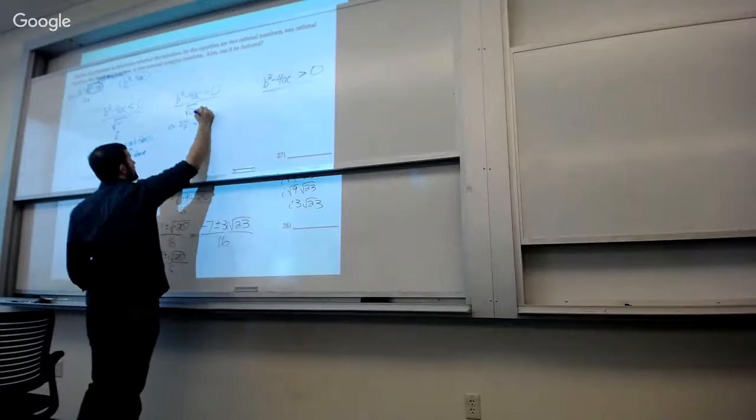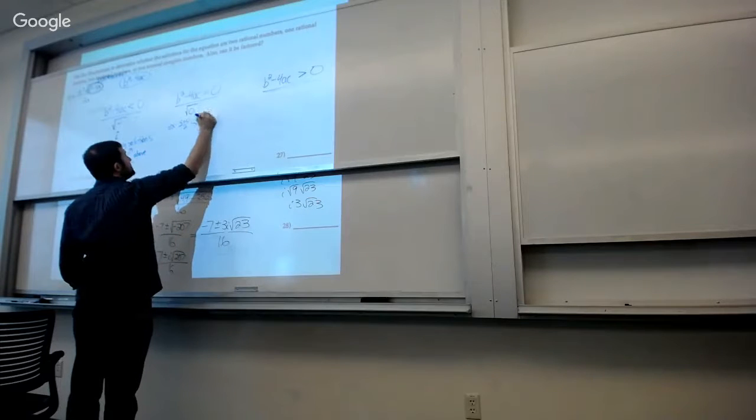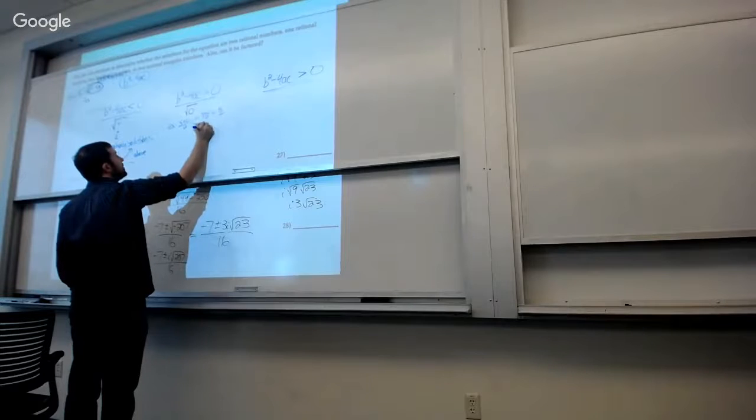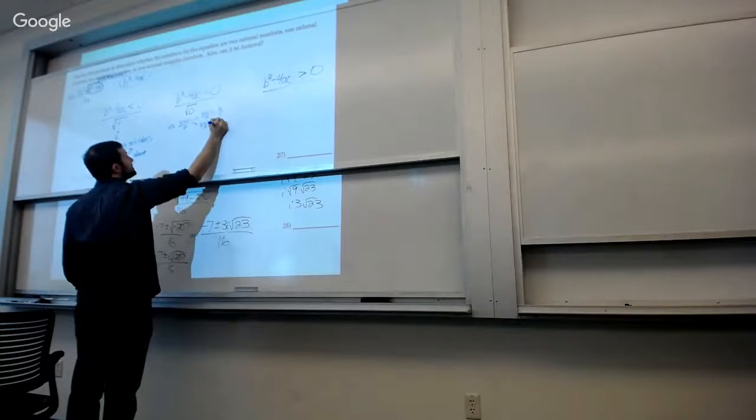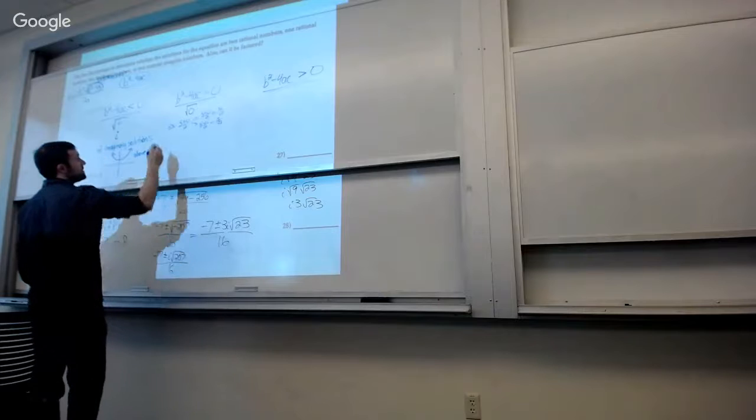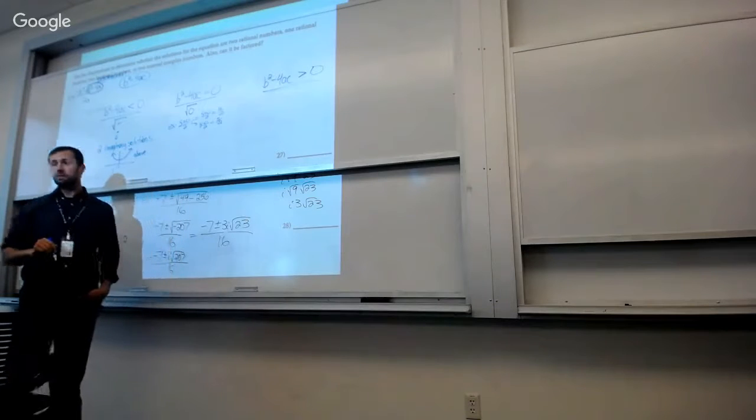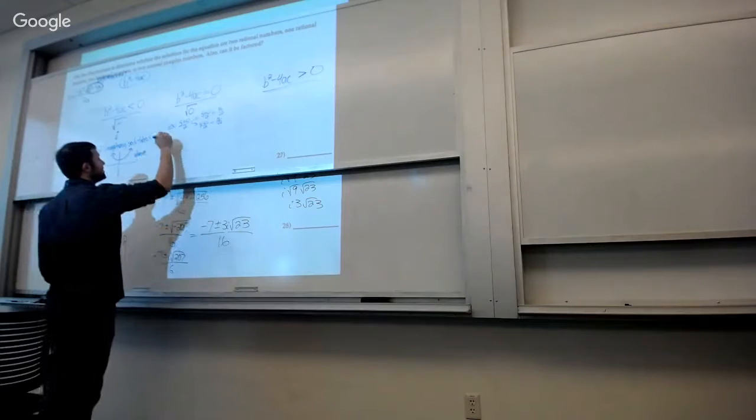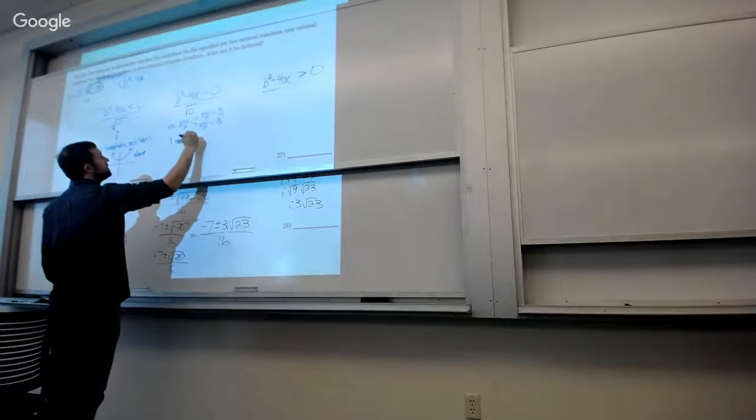Well, that means you'd have 5 plus 0 over 2, which is just 5 halves. Or you'd have 5 minus 0 over 2, which is still 5 halves. Which means, what? Yes, correct. There's just one solution. One real solution.